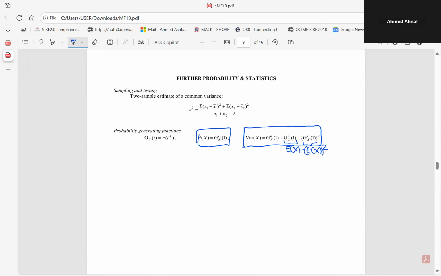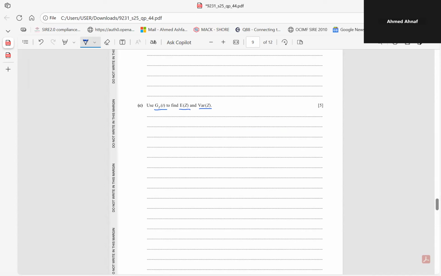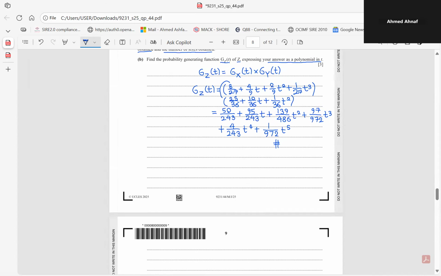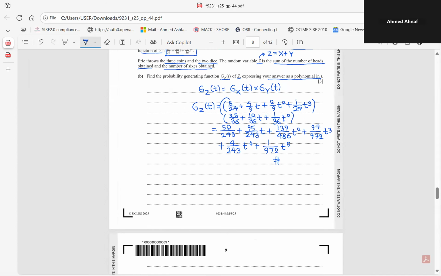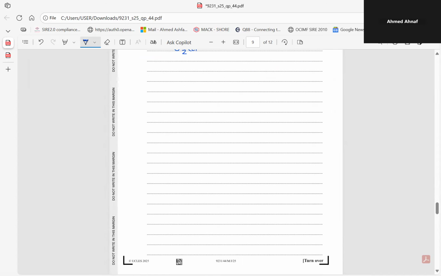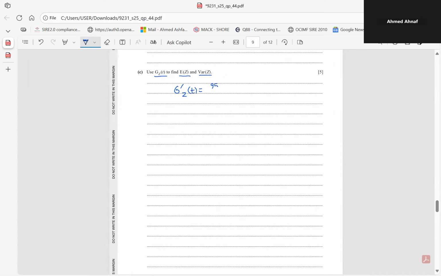Okay, so I believe we should differentiate first. Let's just find the expectation first. So G prime Z(t). To differentiate, the constant term goes away. The t term becomes 95 over 243.